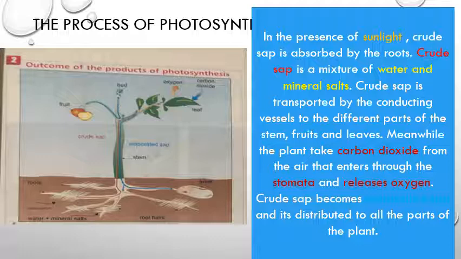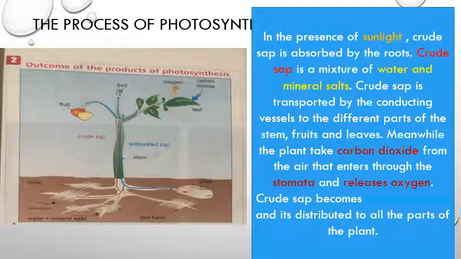Then, crude sap is transported by the conducting vessels to the different parts of the plant through the stem, to the fruits, to the leaves. Meanwhile, the plant takes the carbon dioxide, as you can see in the picture, the blue arrow, from the air.